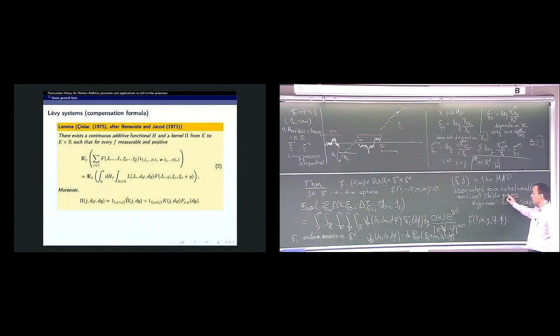But to get such a clean formula, we use that the process is rotationally invariant. But something similar will appear in the more general case. So we will have the spectral measure of the Lévy measure appearing here.